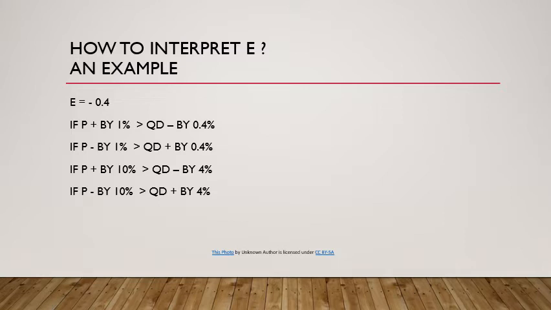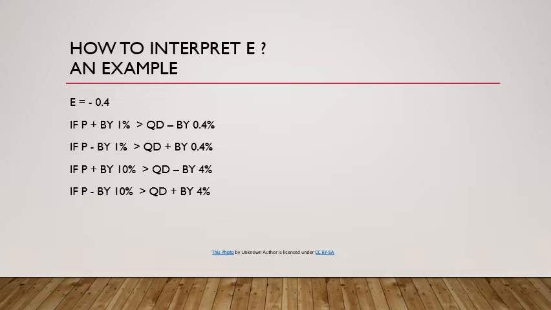On the next line, if the price decreases by 1%, what happens to QD? Consumers will react by increasing their quantity demanded by 0.4%. And what if the company wants to increase its price by 10%? In this case, quantity demanded would decrease by 4%.